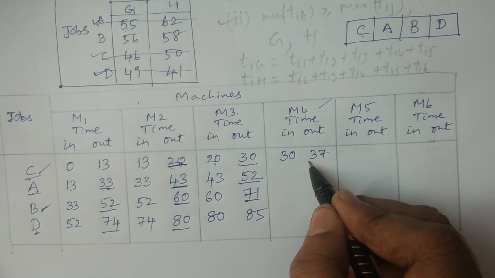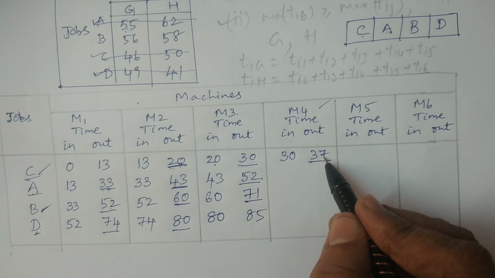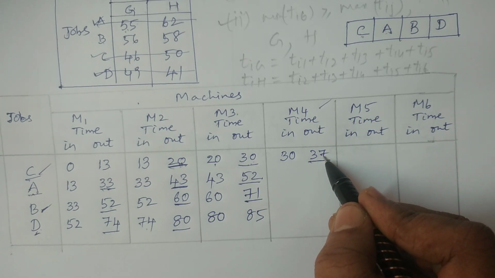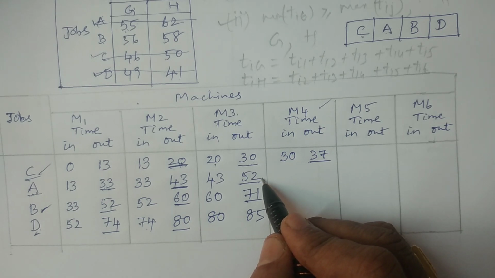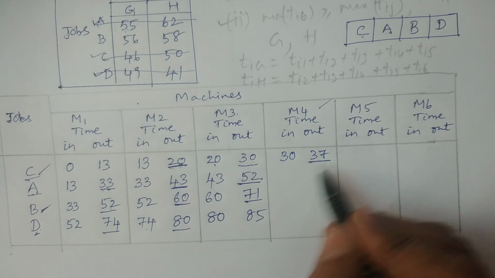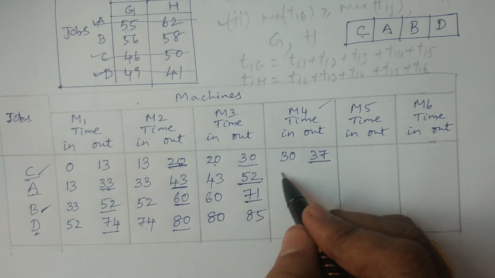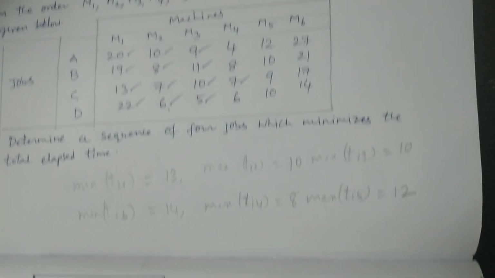Now the time out of the previous mission, that is the previous job on mission 4, and the next job of mission 3, we have to consider the maximum of 37 and 52. It is 52 plus the processing time of job A on mission 4.